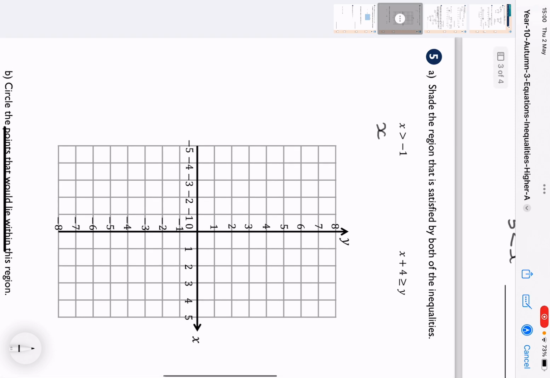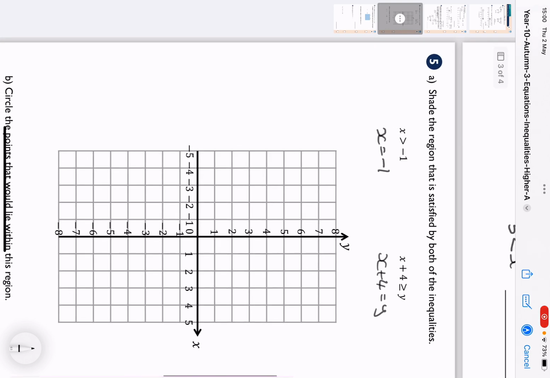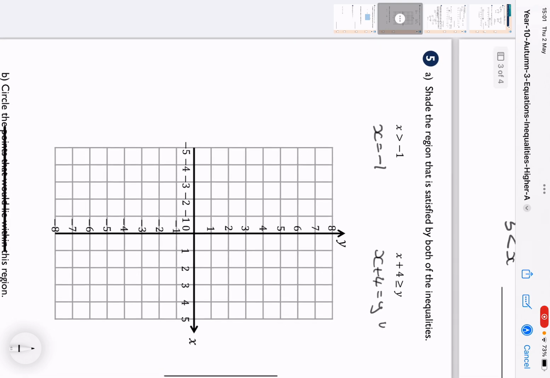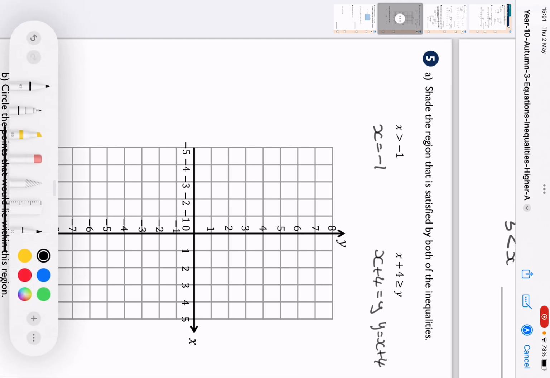So first of all, I need to draw the line x equals -1 and the line x plus 4 equals y. You might think of that as y equals x plus 4. That might help me. So first of all, where is the line x equals -1?